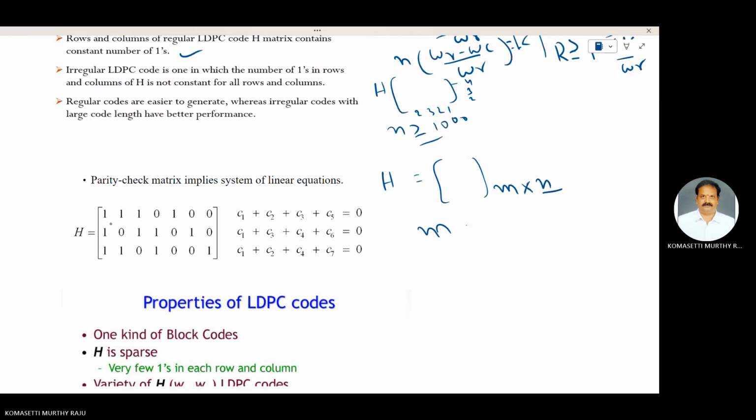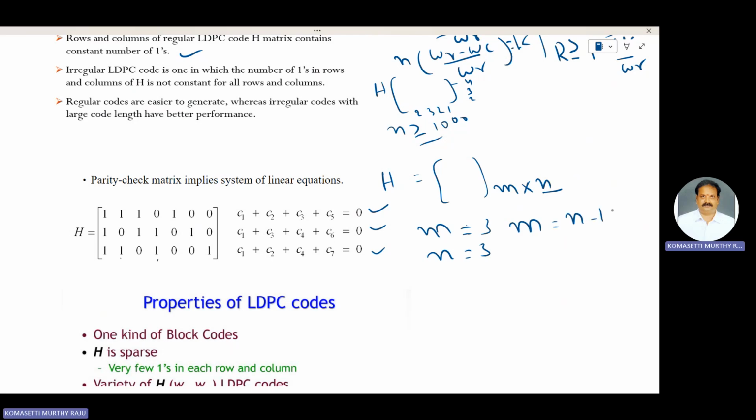From this H matrix, the first equation is C1 plus C2 plus C3 plus C5. The next is C1, C3, C4 plus C6. Next, C1, C2, C4 and C7. Here m is equal to 3.